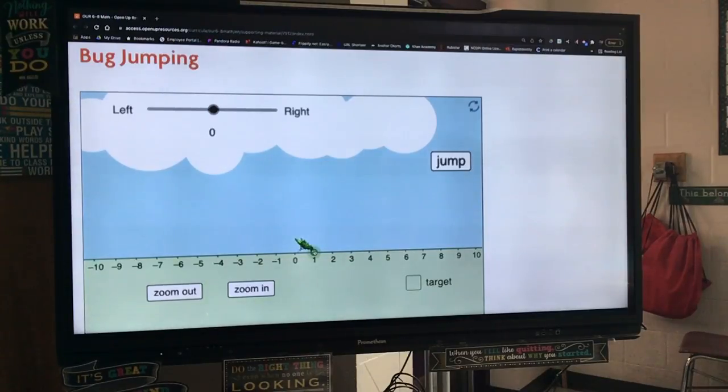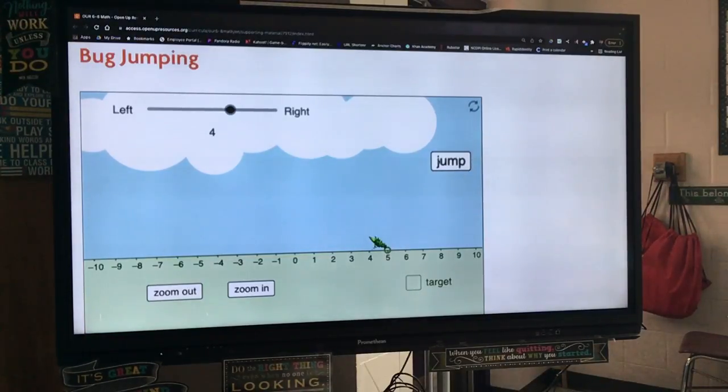So we started on 1, right? And then how many did we go to the right? Alex? 4. How many of you guys ended on 5? Cool little flea. Awesome. So again, you should have 4 jumps and you should be on 5.